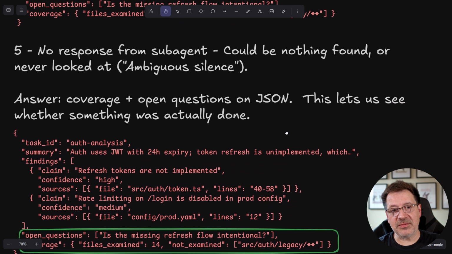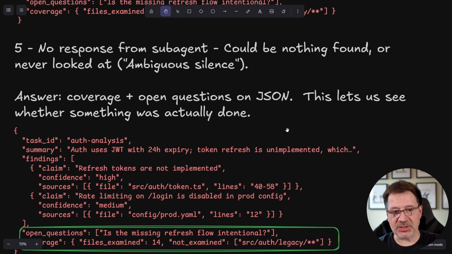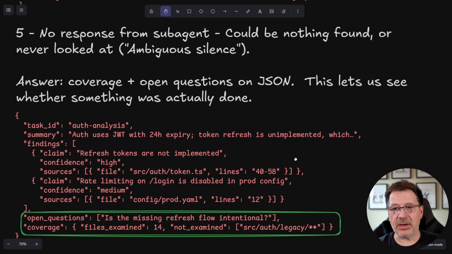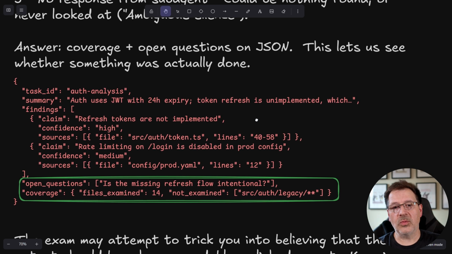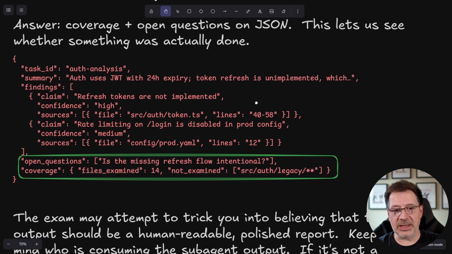Next, we have the no response from subagent. So this is where it's possible that nothing could be found, or we never looked, or maybe the prompt wasn't strong enough for us to figure out what to look at. So the answer here is to include something called coverage and open questions in the JSON. This lets us see whether something was actually done.